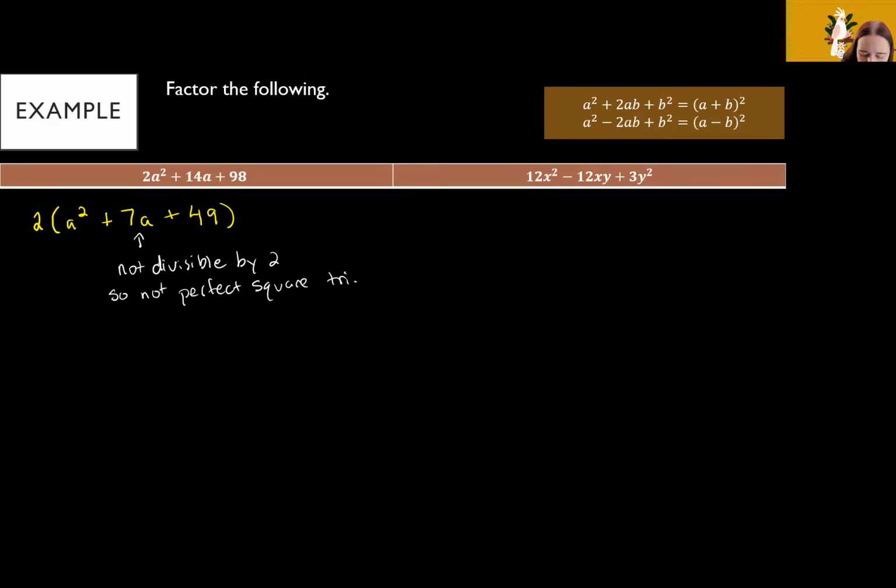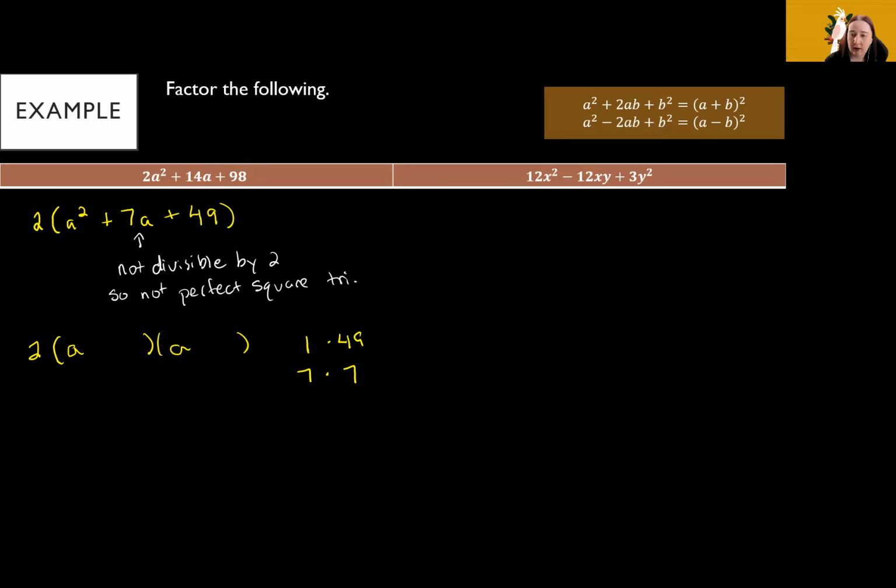And so we want to use trial and error, guess and check. So I know it's going to be a times a to get me to a squared. And then we want to multiply to 49. The numbers that multiply to 49 are 1 times 49 and 7 times 7. And you want a combination that adds to 7.